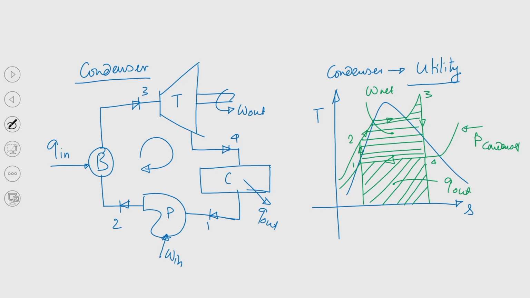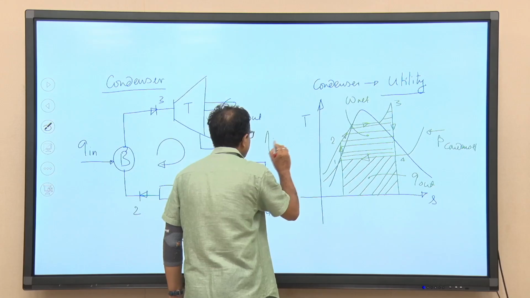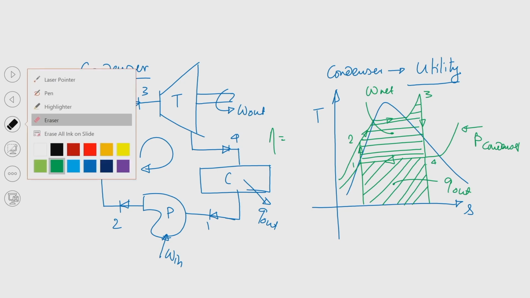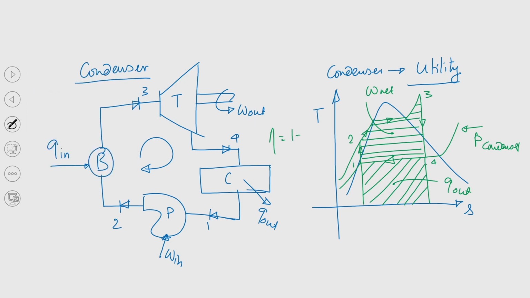If we get higher W net, efficiency will be high, because eta equals 1 minus Q out by Q in, or I can write W net by Q in. So if we increase this quantity, the efficiency of the plant will increase.